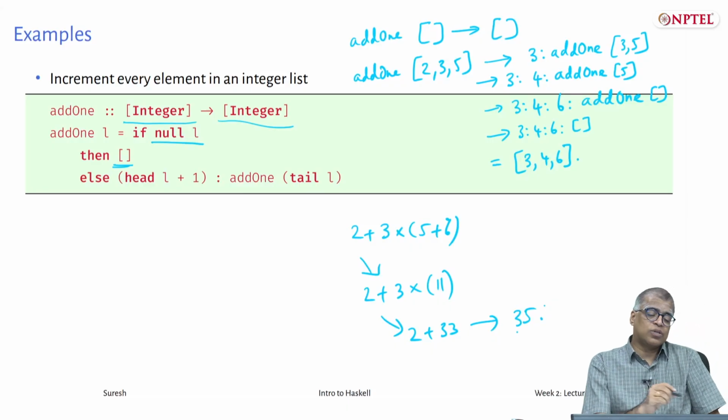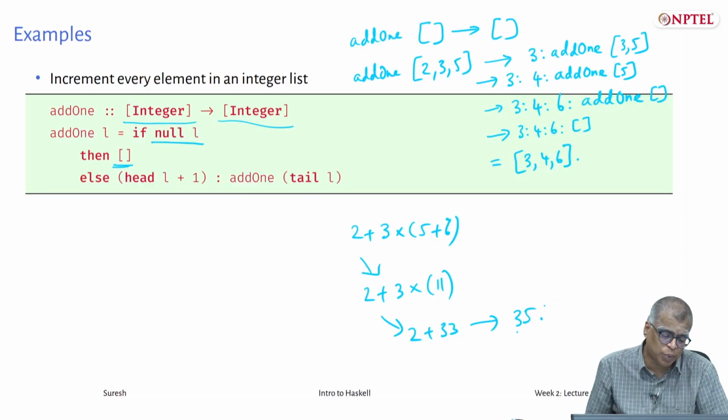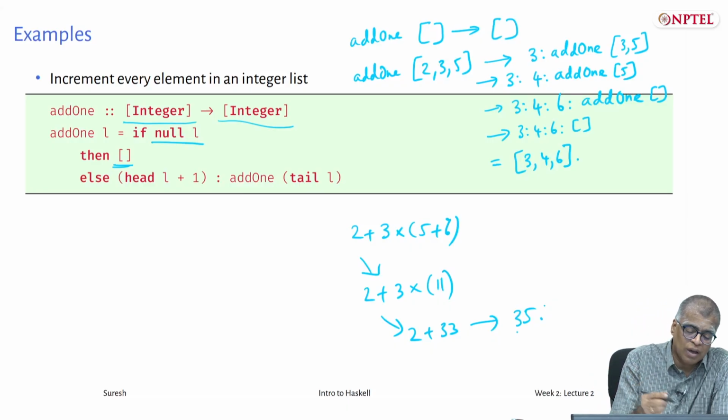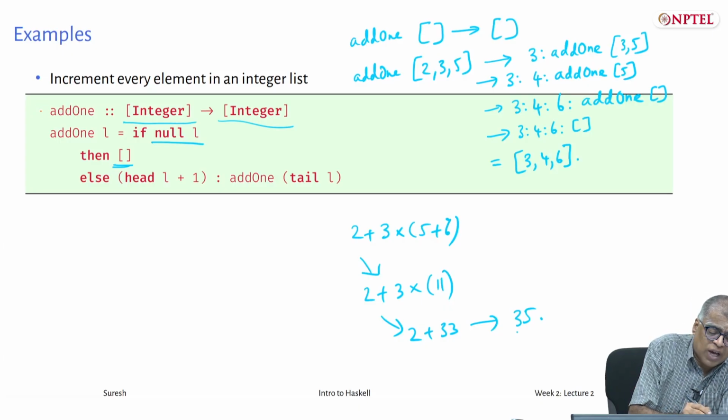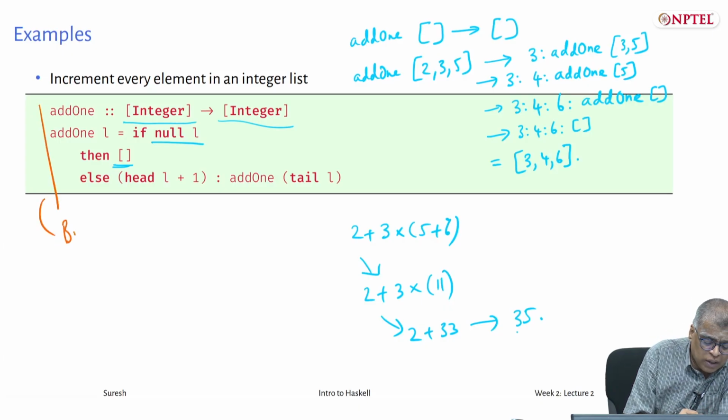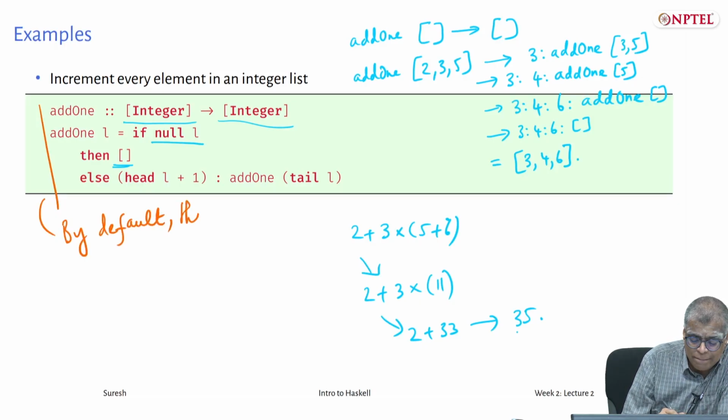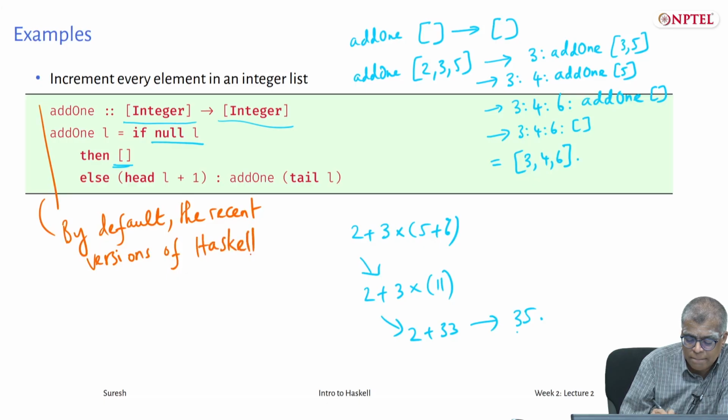Okay, right. So this is a first example of a list program, but unfortunately Haskell will not compile it, Haskell will complain. Unless you turn some special flags on, by default, at least the latest versions of Haskell will not compile this program.